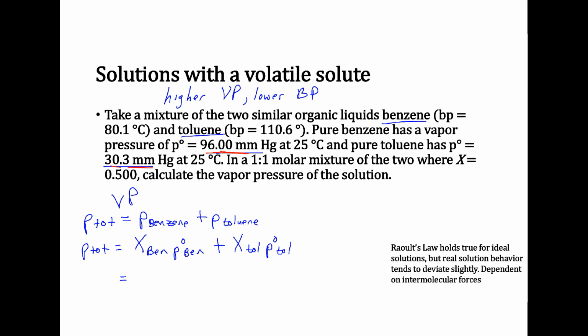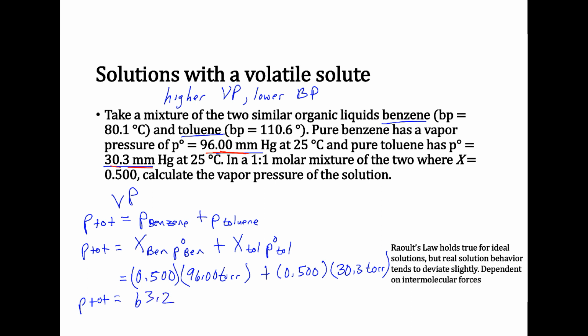So here the mole fraction is 0.5. So we'll take 0.5 times the vapor pressure of benzene, which is 96, plus 0.5 times the vapor pressure of the toluene. And our total pressure of our solution is 63.2 torr. All right, so that concludes our discussion on Raoult's law.